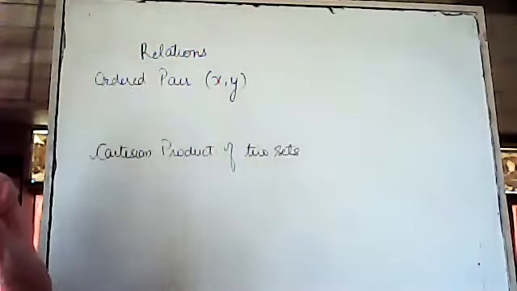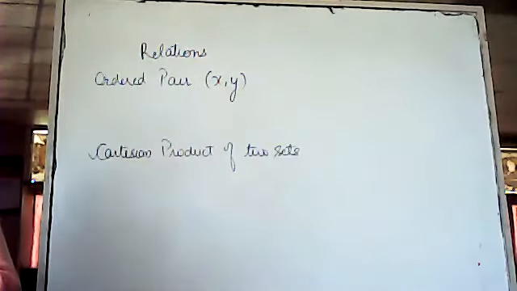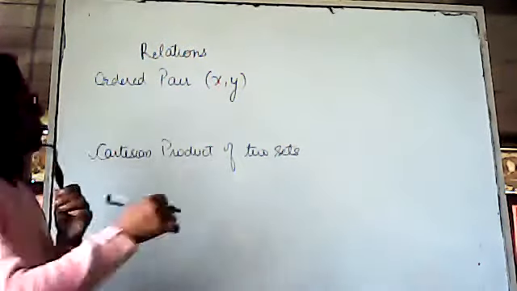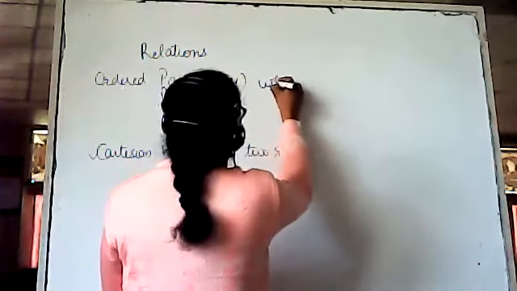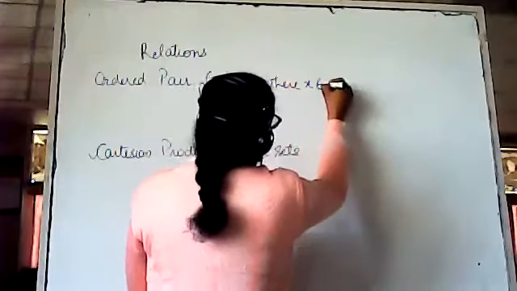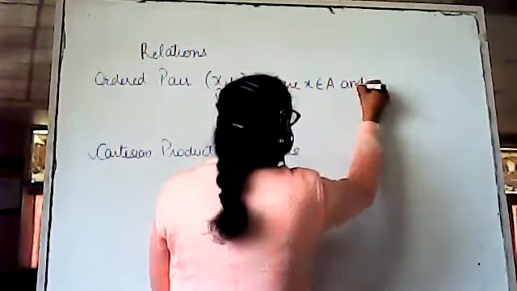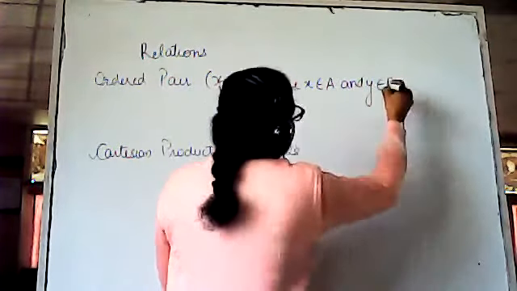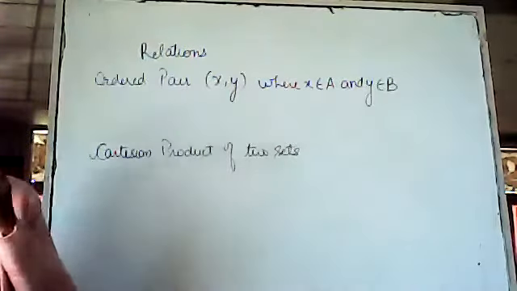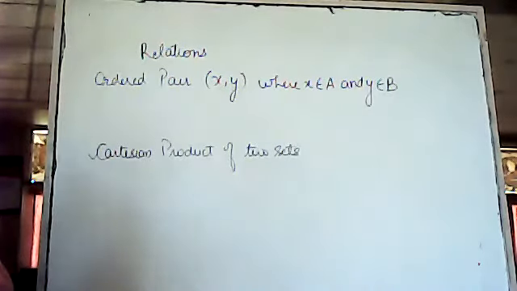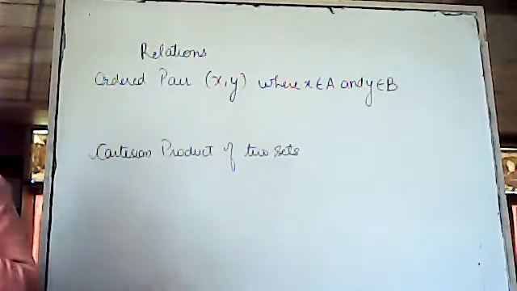This is called an ordered pair (X, Y), where X belongs to set A and Y belongs to set B.